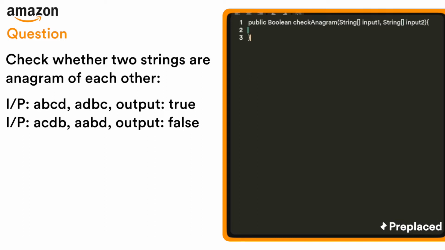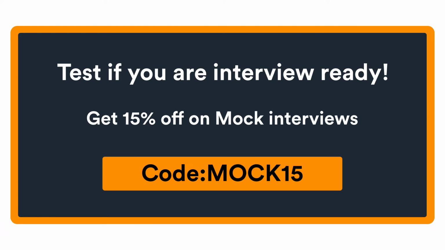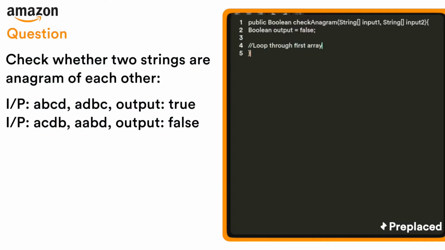So what I need to do now is iterate a loop. I will loop through the first array, then take individual characters.